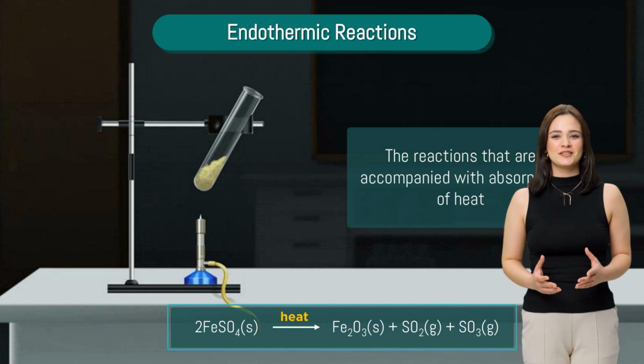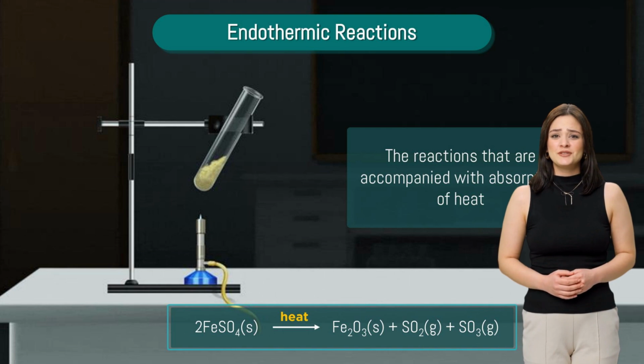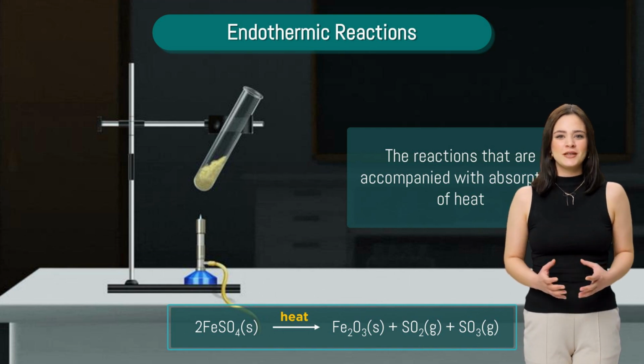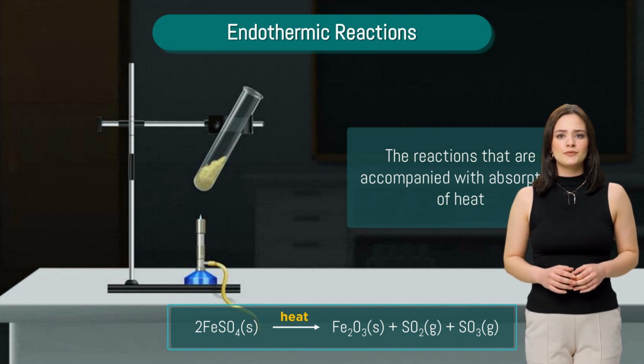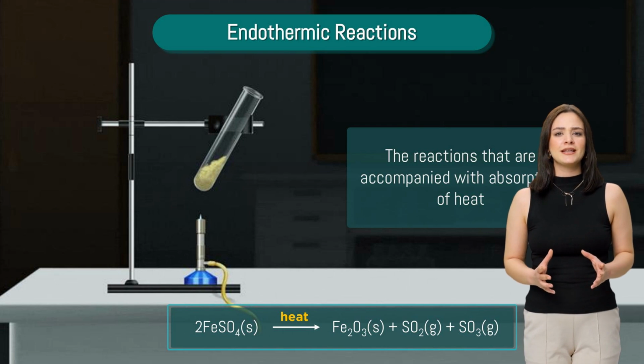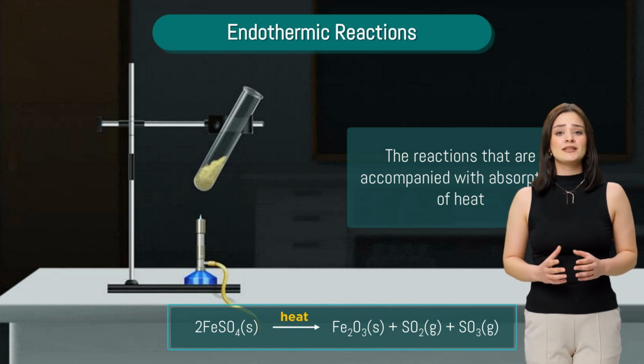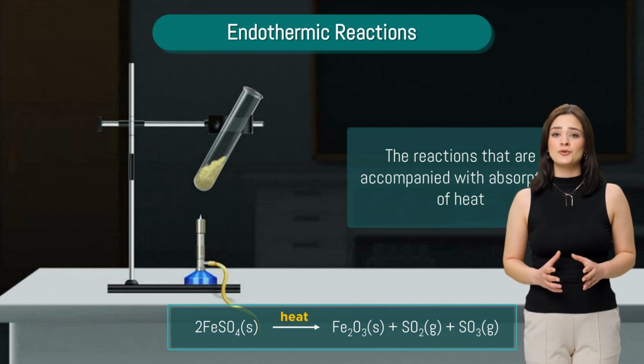In contrast to exothermic reactions, we have endothermic reactions, which are chemical changes that absorb heat from the surroundings. This image shows the decomposition of ferrous sulfate, FeSO4, a process that requires external heat to occur.